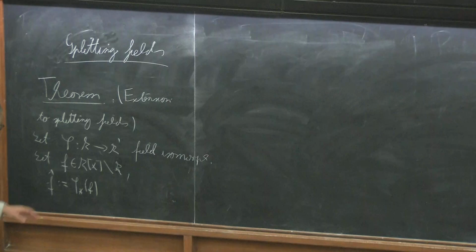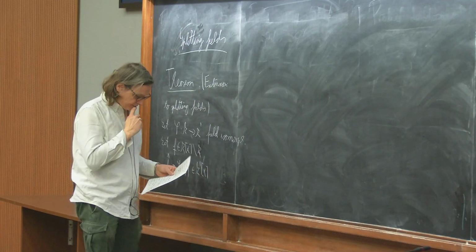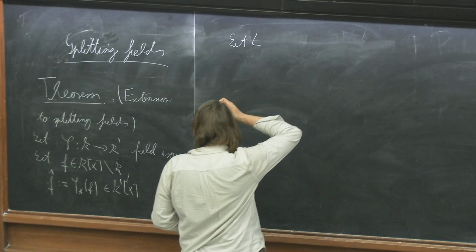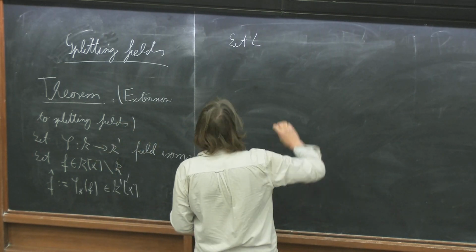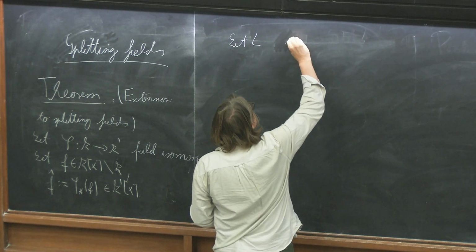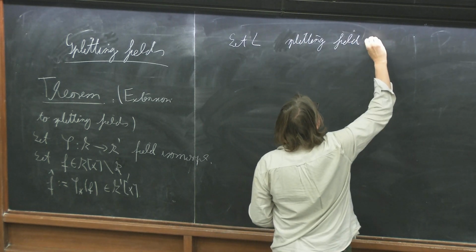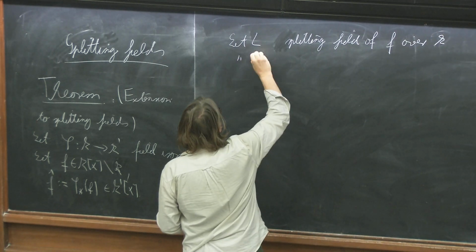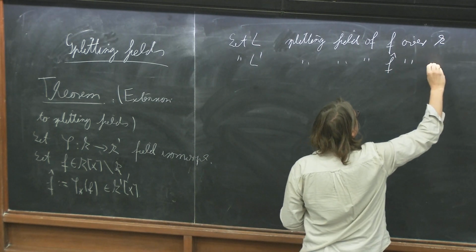So that means we apply this isomorphism to the coefficients of f. It will be a polynomial with coefficients in K prime. So I take the splitting field, or a splitting field, L of f over K, and L prime is a splitting field of f hat over K prime.